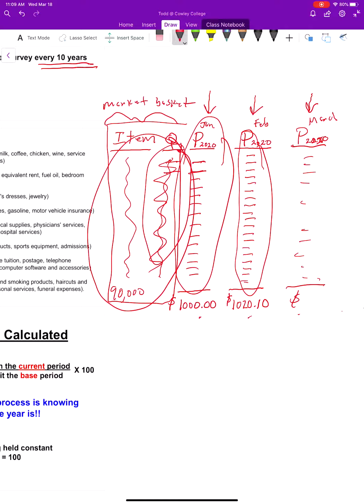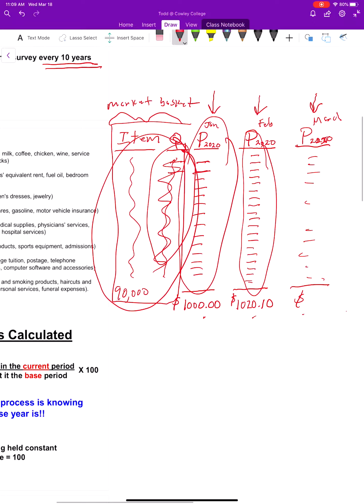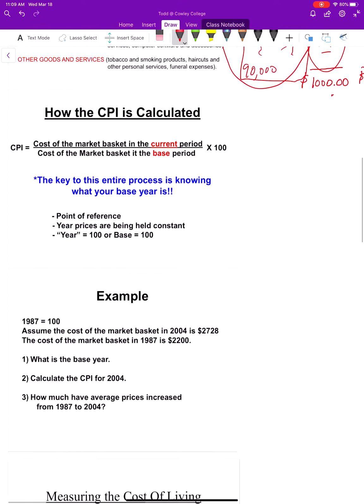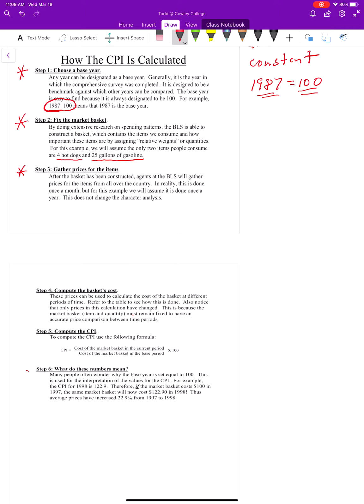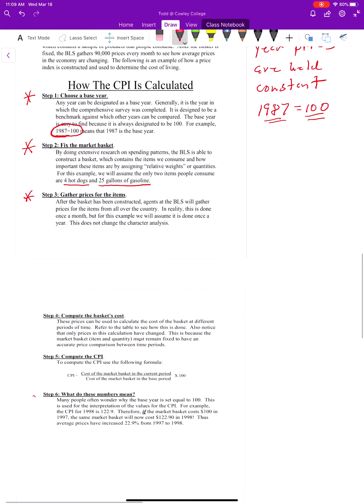The concept is the same, it's just a little bit easier for us to deal in years than it is to deal with the monthly data. So we are going to assume that we have gone out as the Bureau of Labor Statistics and have now gathered our prices for gasoline and hot dogs across the country.